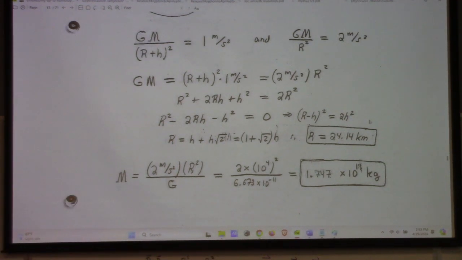So you got 1.747 times 10 to the 19th. That middle thing gives 10 to the 13. I was getting like 10 to the 14. I don't know what to tell you.